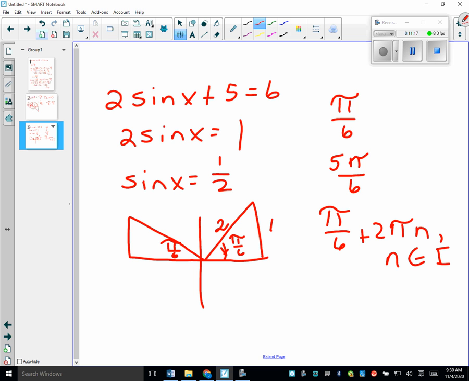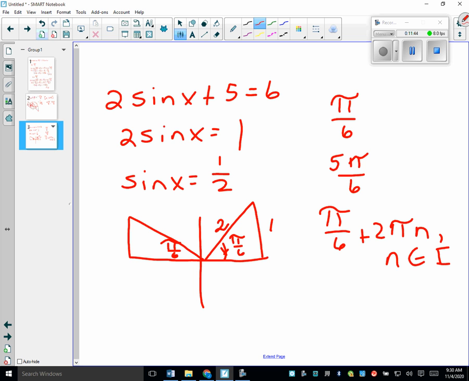It has to be whole numbers. That's what n is an element of the integers means. I have to add a whole 2 pi; I can't add part of one. It could be -6 times 2 pi, because I could go the other way.